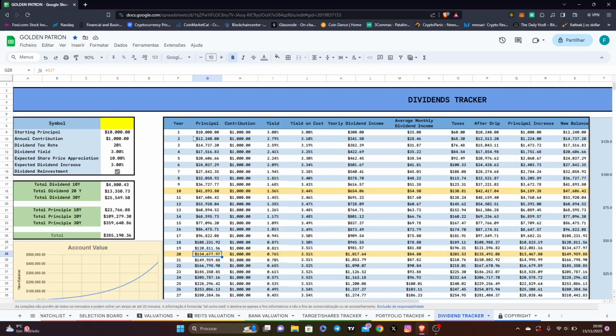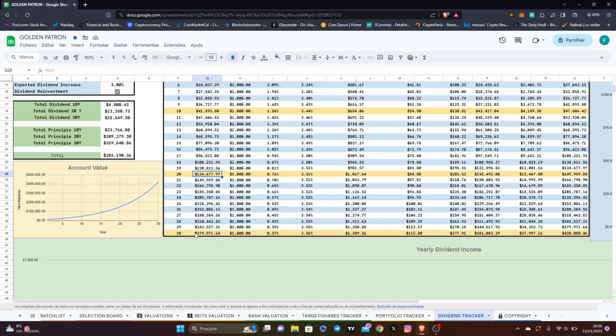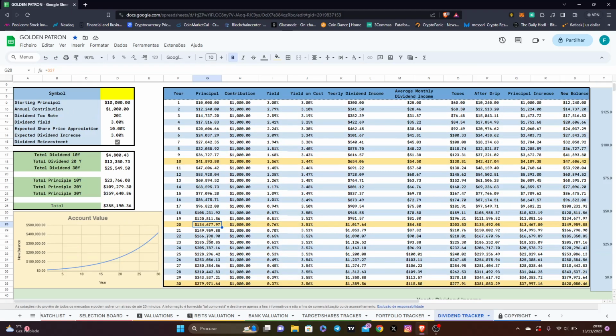Basically, if you invest a mere $10,000 or even less, after 30 years you can see the difference. That's the important lesson right here: from your starting point to the finish line.